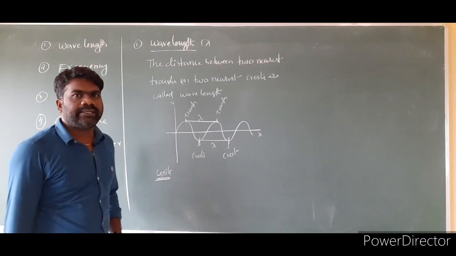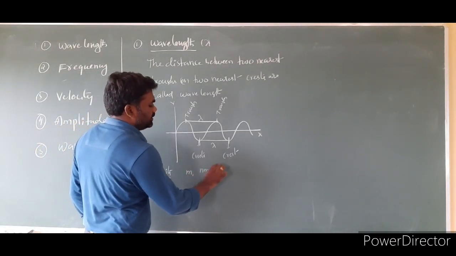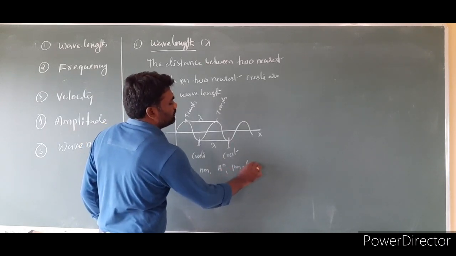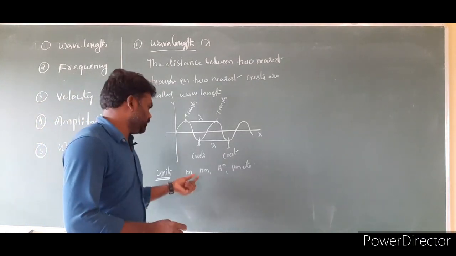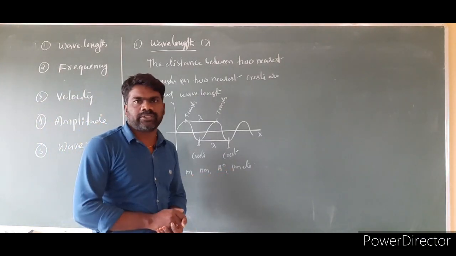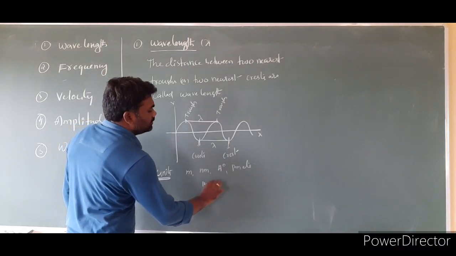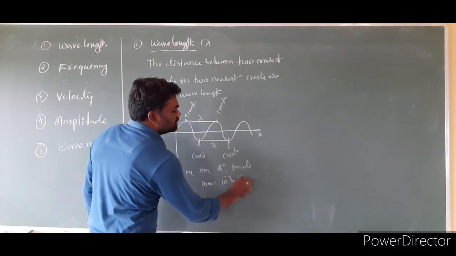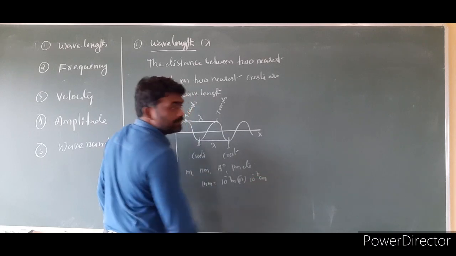The wavelength is measured in terms of meters, nanometers, angstrom units, picometers, etc. So while solving the problems, conversion of one unit into another unit will be required, so we have to take those values. 1 nanometer is equal to 10 power minus 9 meters. In terms of centimeters, 10 power minus 7 centimeters.